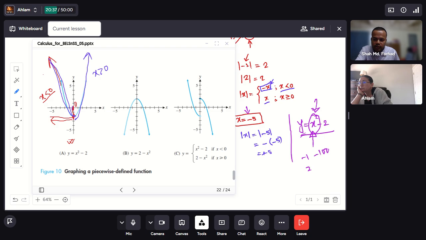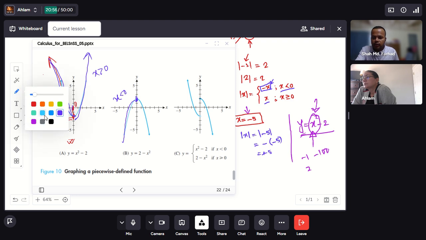So the center point is 0. Similarly, for this graph, if we consider x less than 0, that is negative, the graph will be this. And if we consider x greater than 0, then the graph will be this, right?